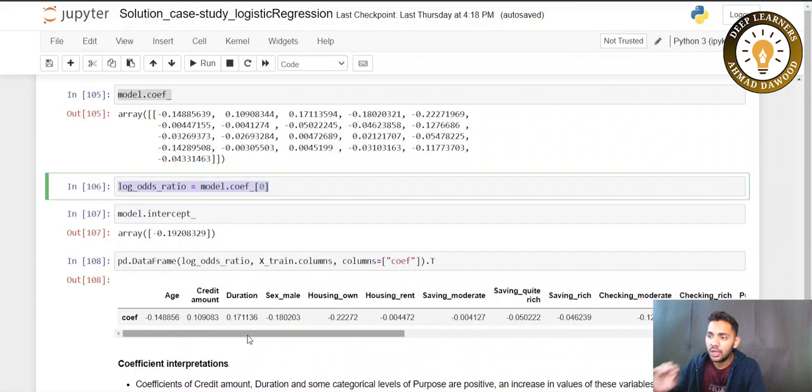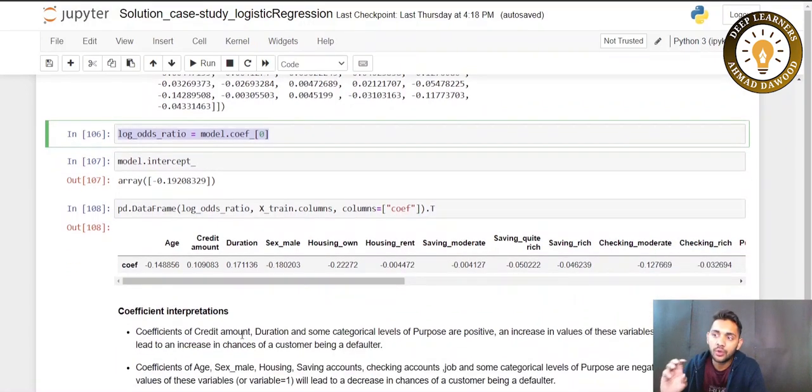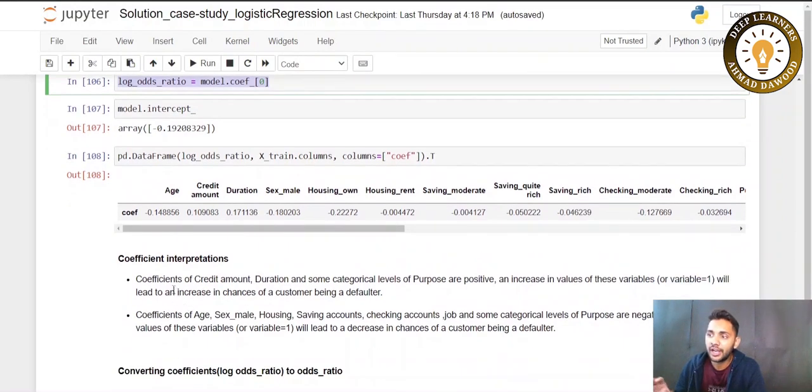Now I will interpret my coefficients just with respect to signs. A coefficient with a negative sign has a negative relation with the target column, and one with a positive sign has a positive relation with our target column. So the coefficients of credit amount, duration, and some categorical levels of purpose are positive.